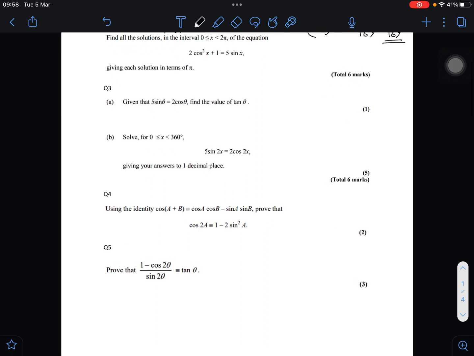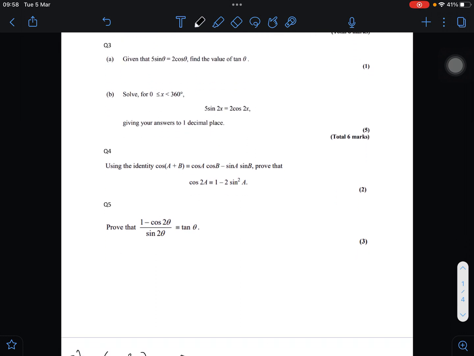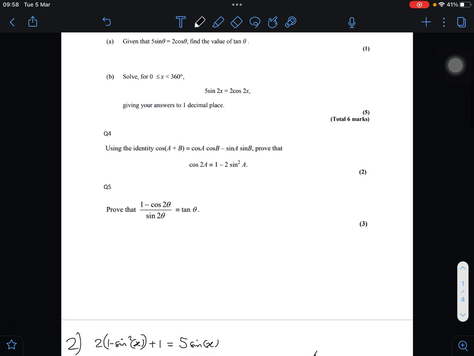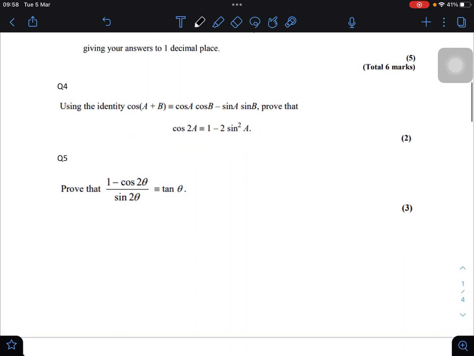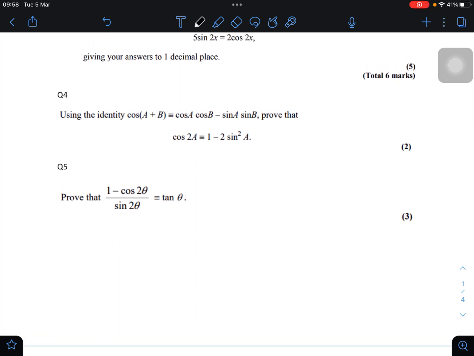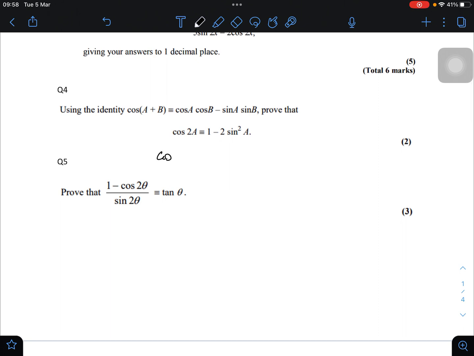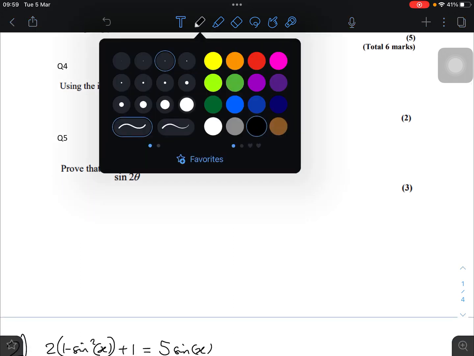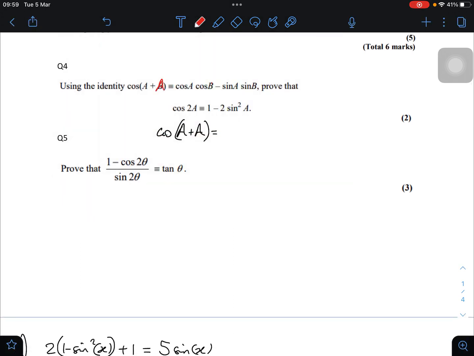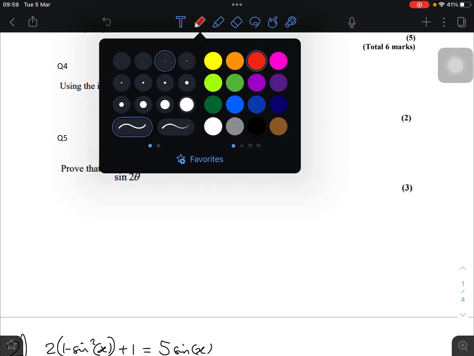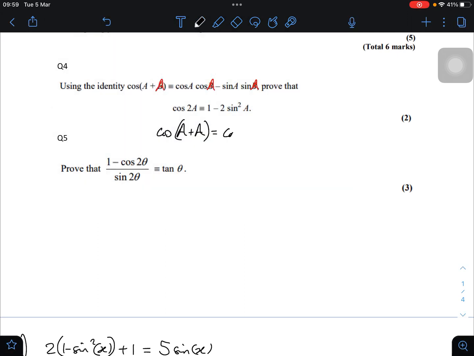Okay, question 4. Using the identity cos of a plus b equals cos a cos b minus sine a sine b. Well, in our case here, we've got cos of 2a. Well, cos of 2a is just cos of a plus a. And so if we apply the above identity, and instead we think of all of these as a's, what have we really got? We've just got cos squared of a minus sine squared of a.